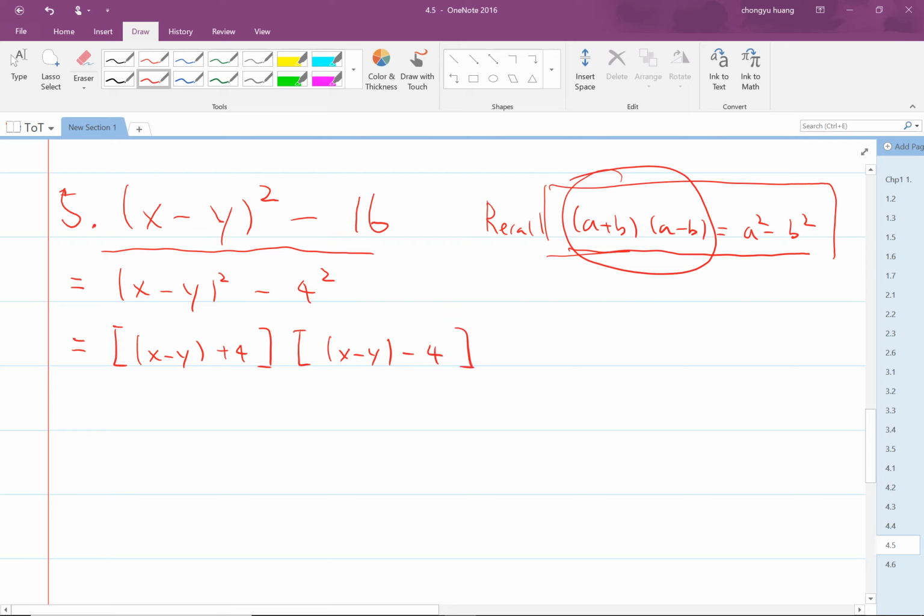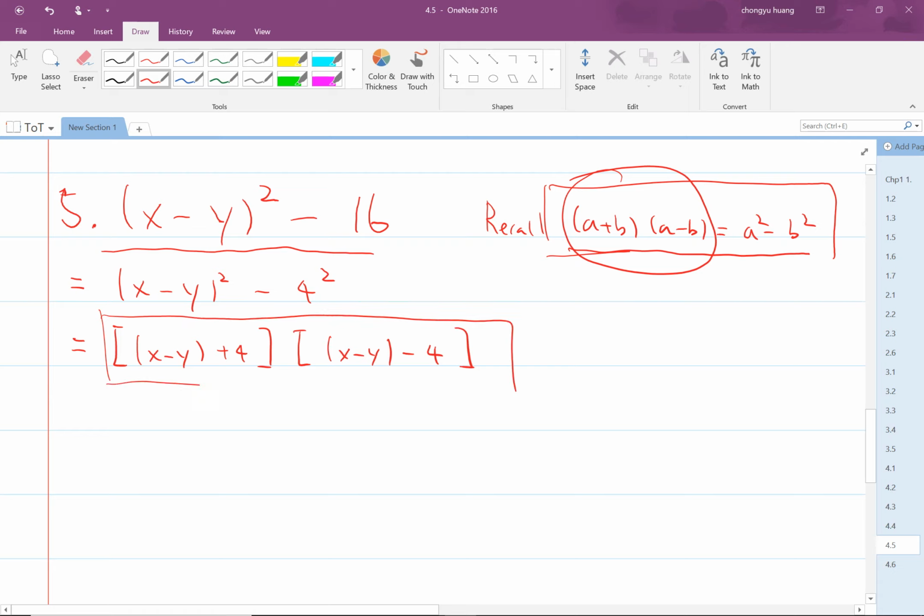That's how you factor it, and that's how you apply the property. This is going to be the final solution.